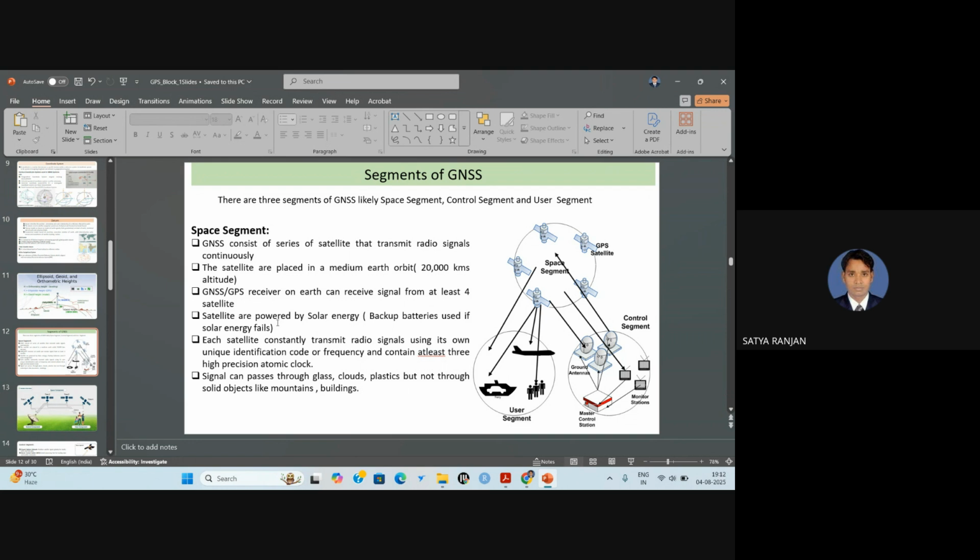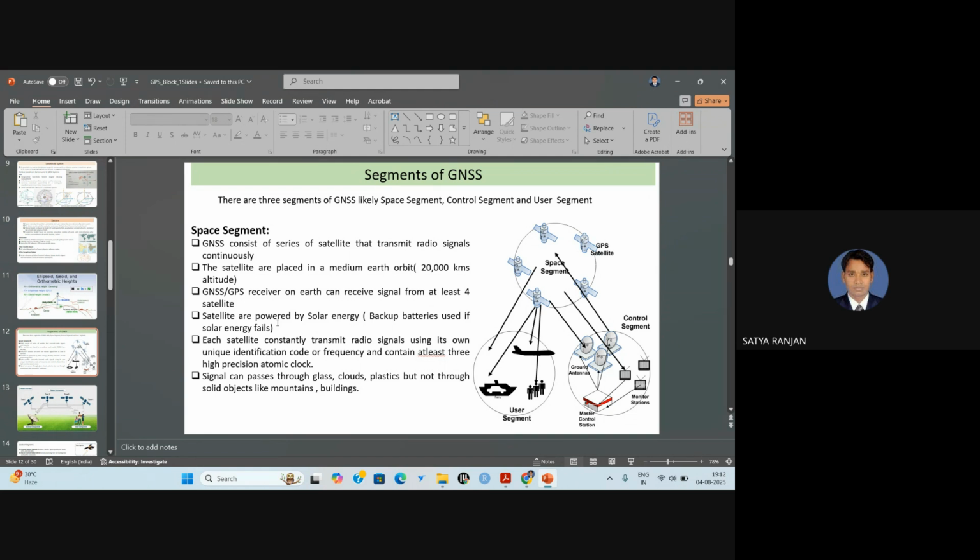Then each satellite constantly transmits radio signals using its own unique identification code and frequencies. We will discuss later the different codes, pseudo codes, and other codes, and frequencies. We will discuss that in the next class.